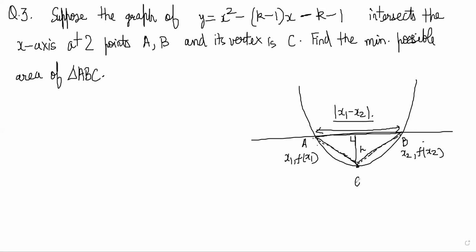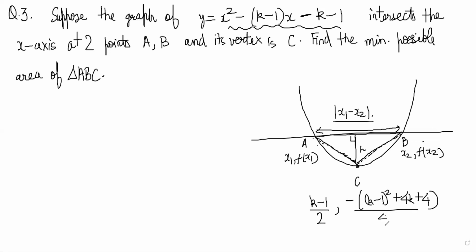Correct. So if you want to find the vertex, the point will be minus b by 2a. So minus b by 2a in this parabola will be (k minus 1) by 2, comma, minus d by 4a, minus discriminant by 4a. So that becomes minus of ((k minus 1) whole square plus 4k plus 4) by 4a, which is 4.